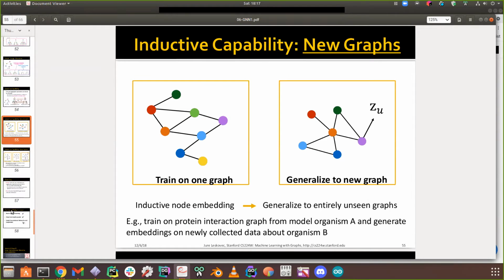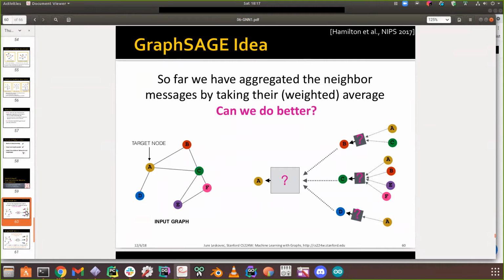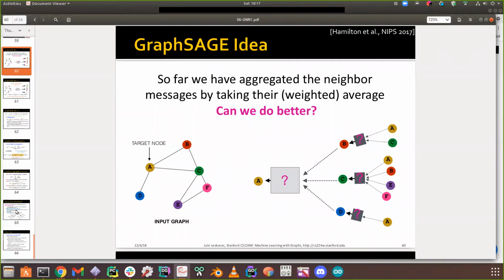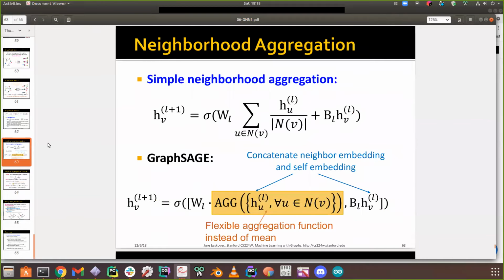For the aggregated, taking the weighted, can we do better? Yes, this is what I missed. I haven't got here yet; I had 10 minutes left. I think he starts talking about that on slide 62, 63.